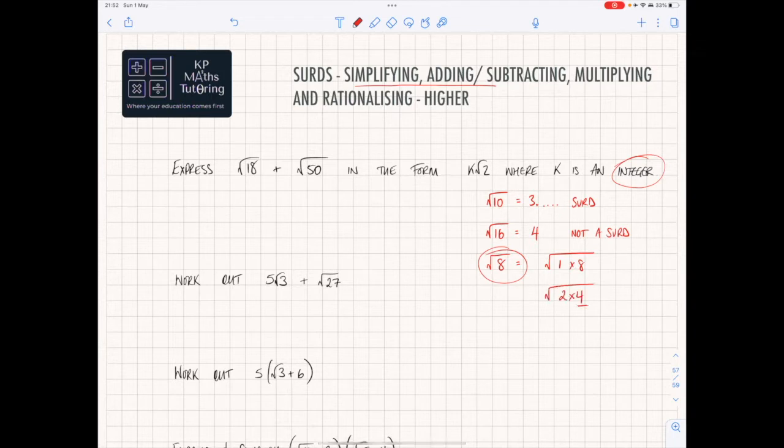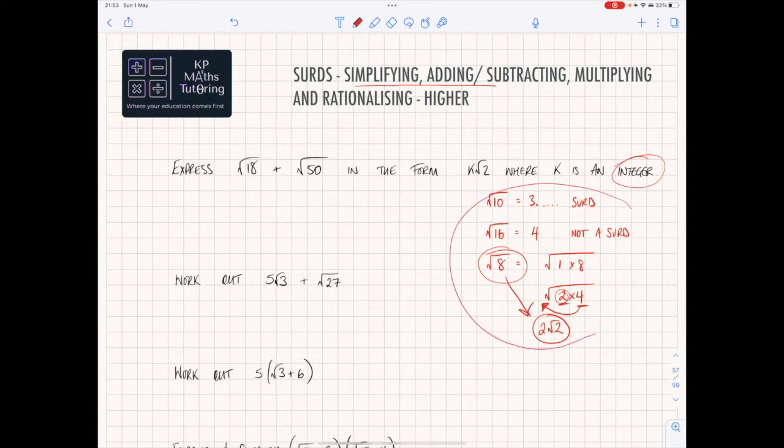Now 4 is a square number, so I can square root 4. The square root of 4 is 2, so that comes on the outside, and this would become 2 root 2. Okay, because I can't square root 2, so that stays as it is. So the square root of 8 can actually also be written as 2 root 2.